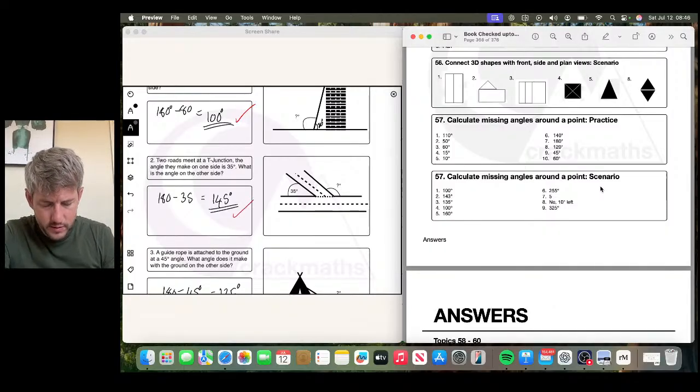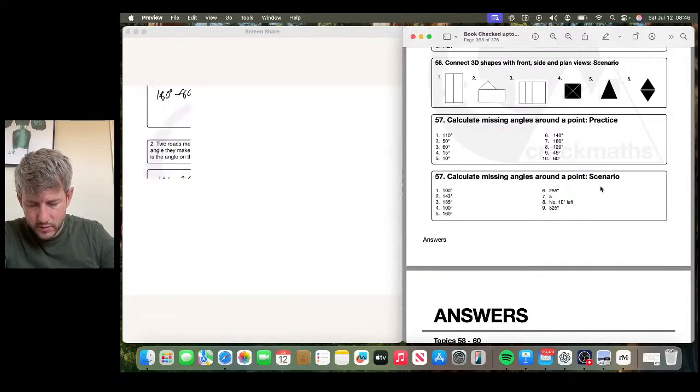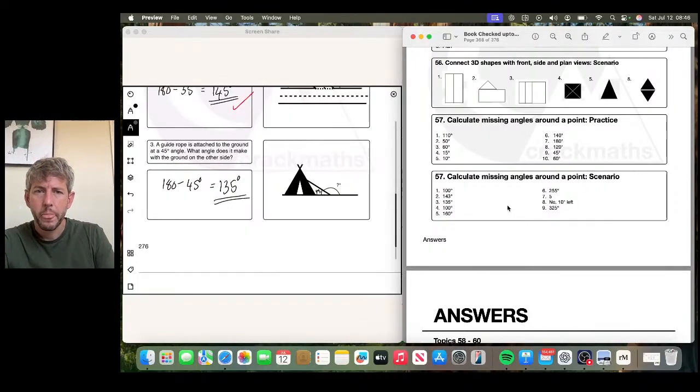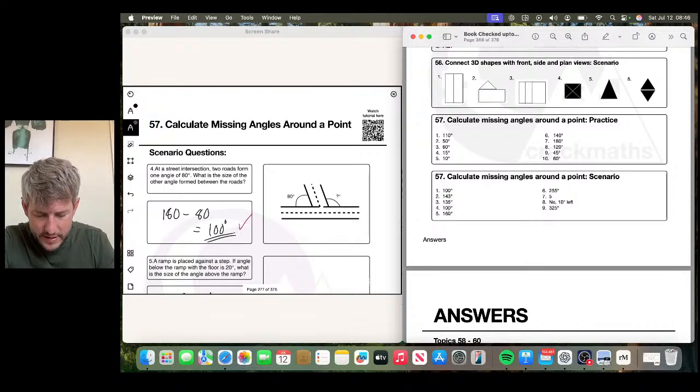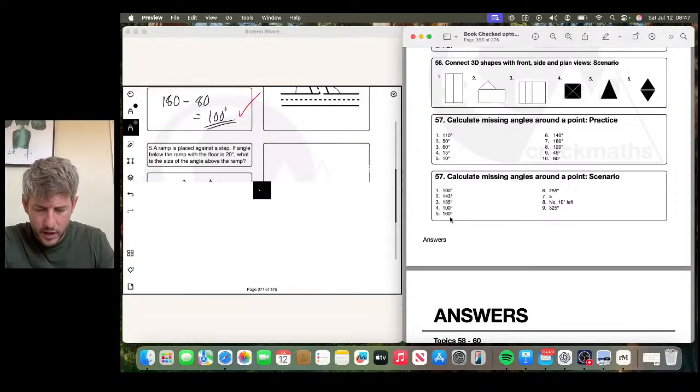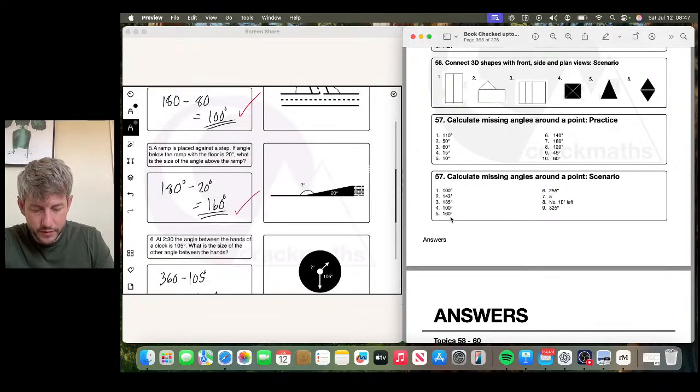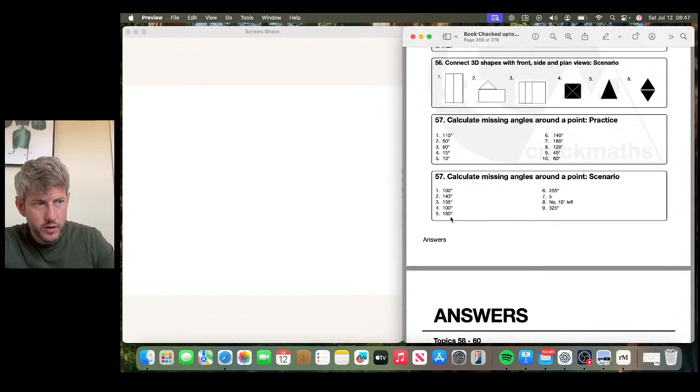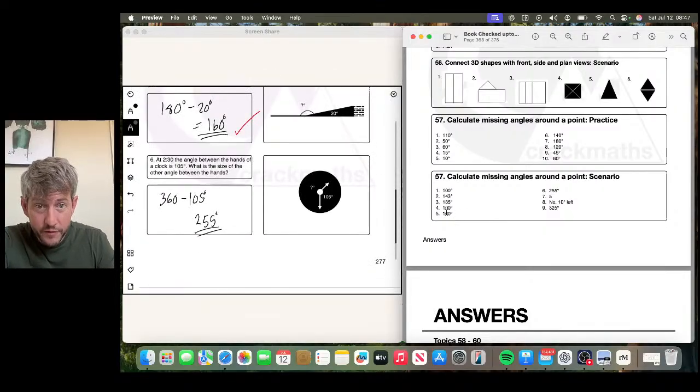Degrees. Here we have 135 degrees. Yep, that agrees. 100 degrees. Yep. 160 degrees for question 5. 255 degrees for question 6.